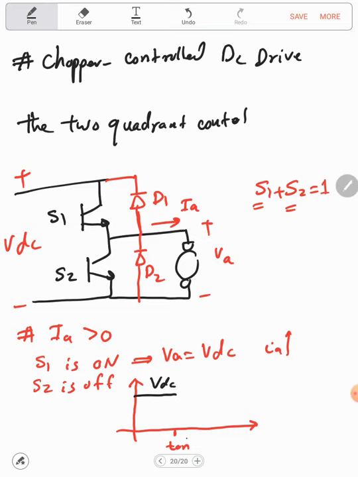Now we also have another condition when the current IA is positive, that is if D2 is conducting.